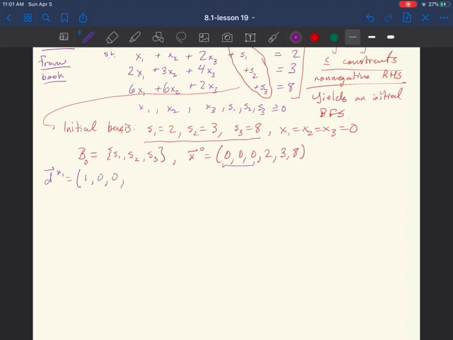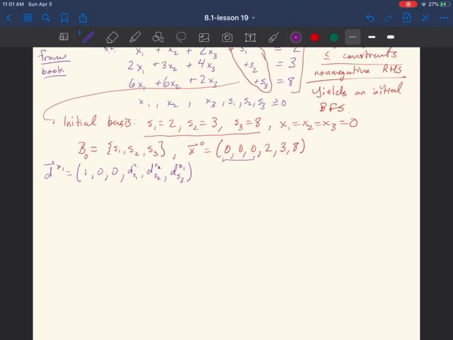For x1, it's a 1 for the x1 component, 0, 0 for the other non-basic components, and then for the basic variables s1, s2, s3, we have unknowns: dx1 s1, dx1 s2, and dx1 s3.